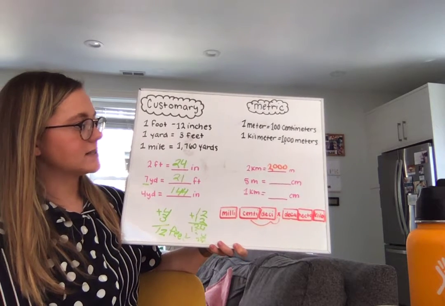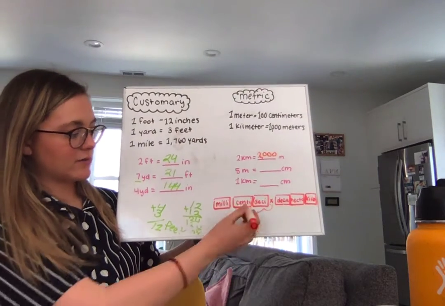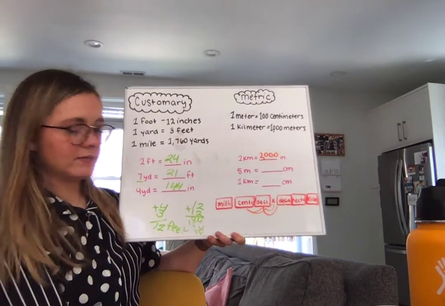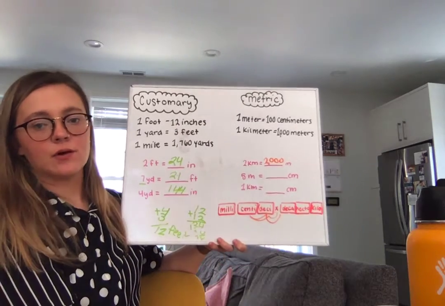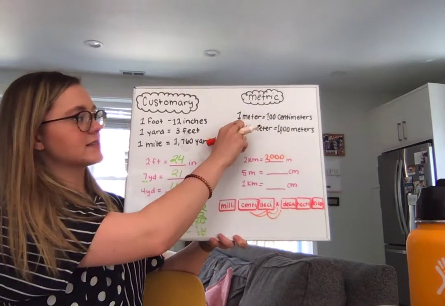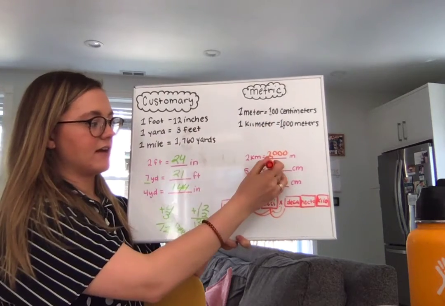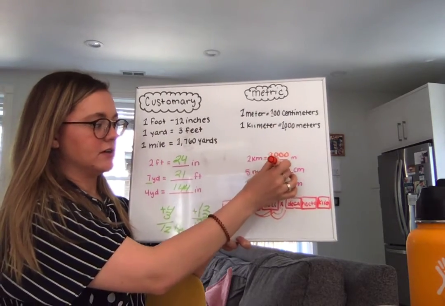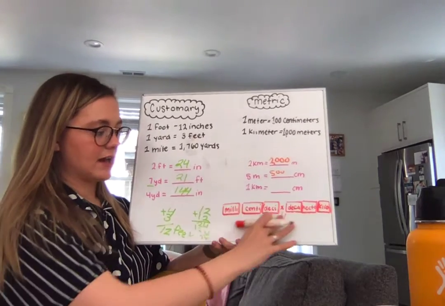So let's think about what that means. 1 meter is 100 centimeters. I'm going from meter to centimeter, so I move 2. So how many zeros am I going to add? 2, which makes sense. I had 1 and I turned it to 100. I have 5 and I'm going to turn it to 500. So from meter to centimeter, I add 2.